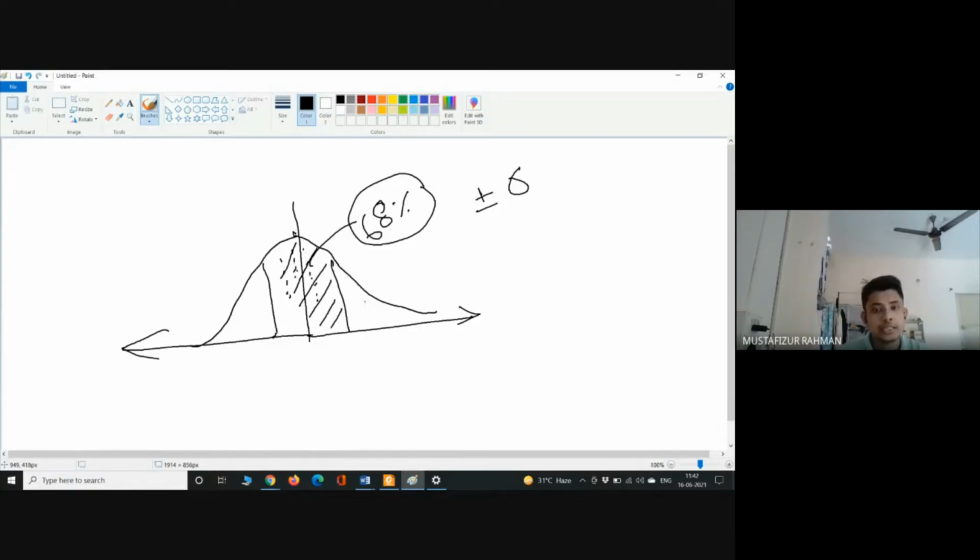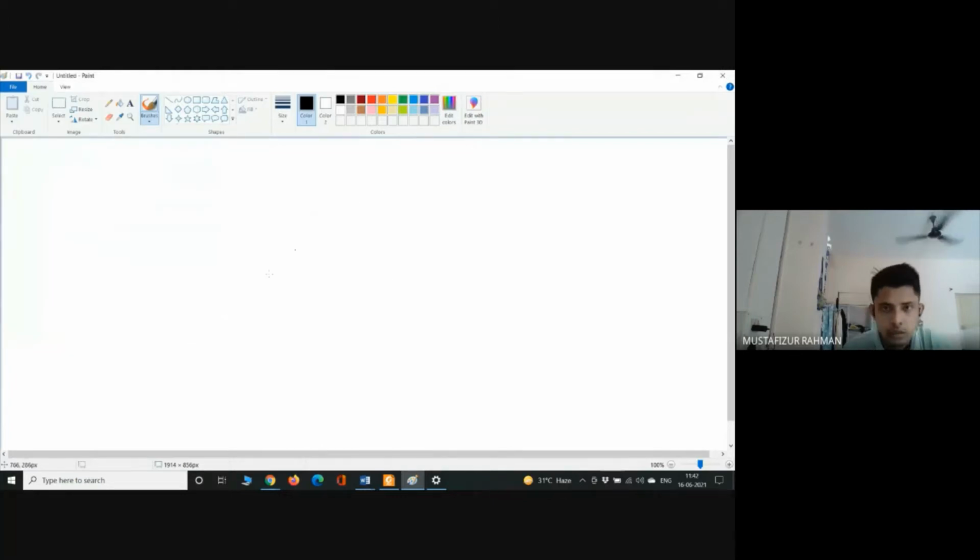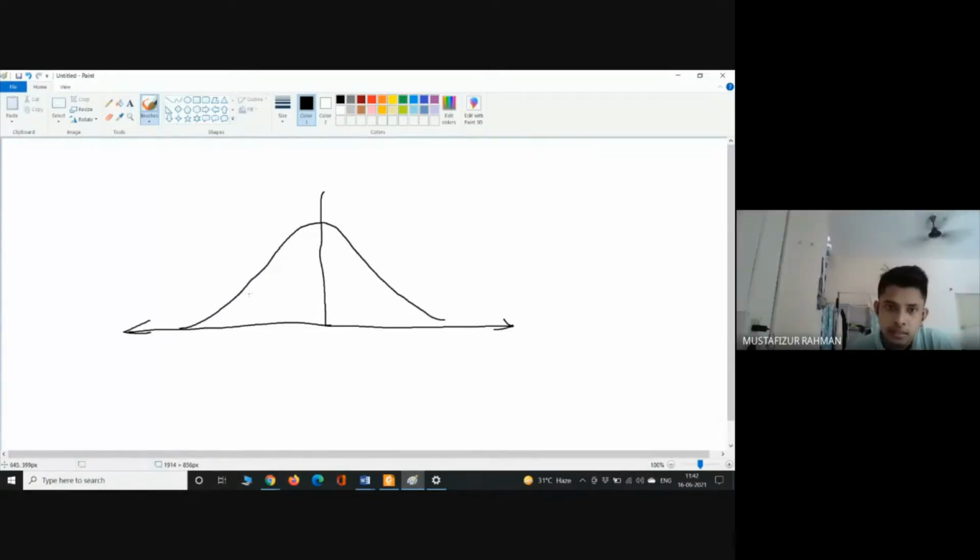Now, what is 50% error? There is another value somewhere here. Let me draw once more. Values are towards the mean value, and there will be one value. Say, for example, this is the mean value, say 100 something, some unit.